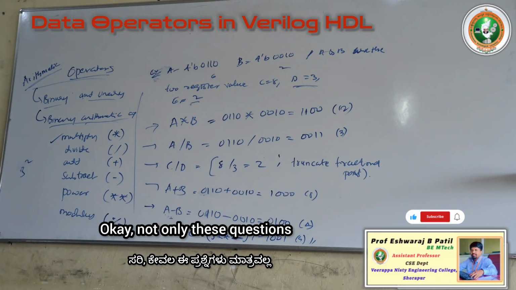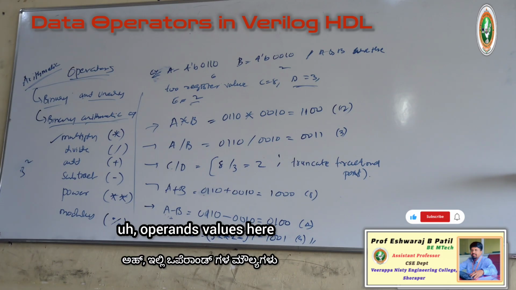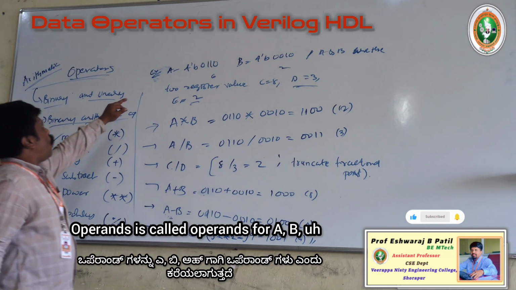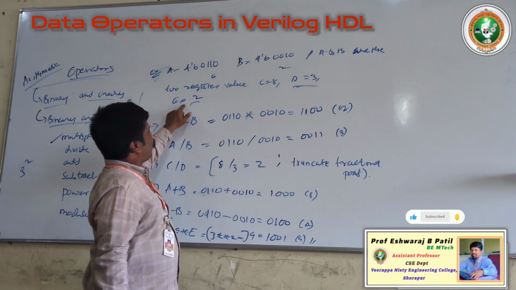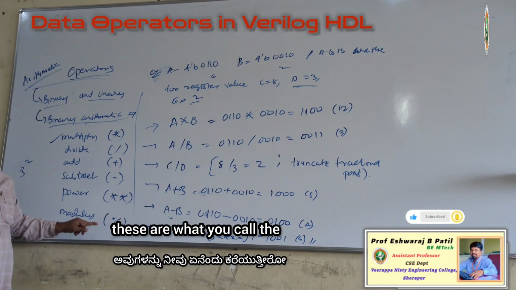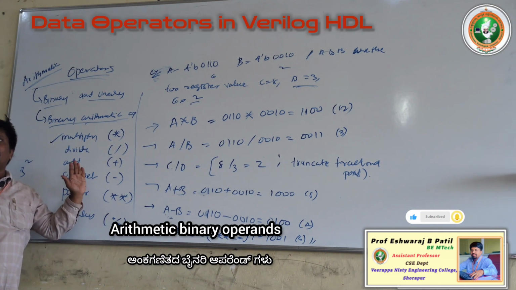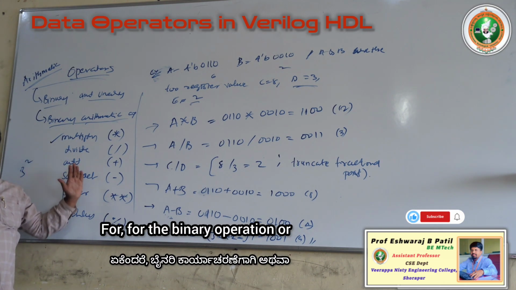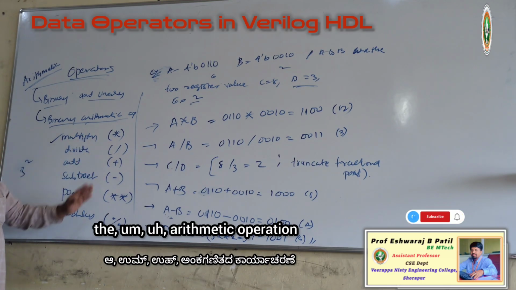Not only this question, I will also ask some operand values. Which are the operands? A, B, C, D, E. These are what we call the operands. These are arithmetic binary operators, for arithmetic operations on binary values.